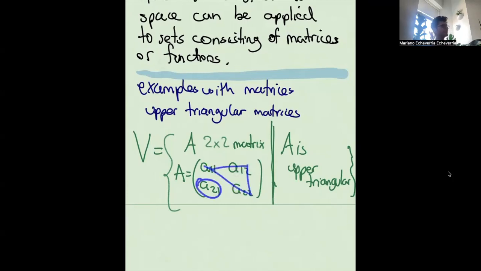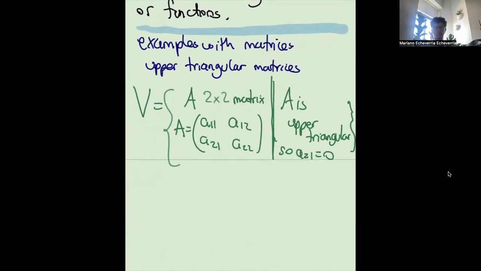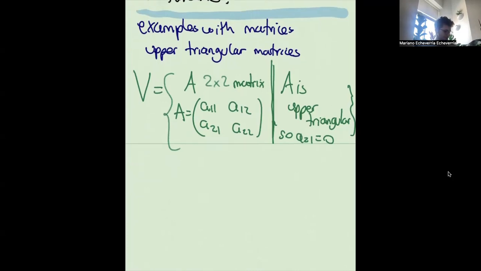So upper triangular just means, in the 2 by 2 case, that this third entry is zero. Is that making sense?